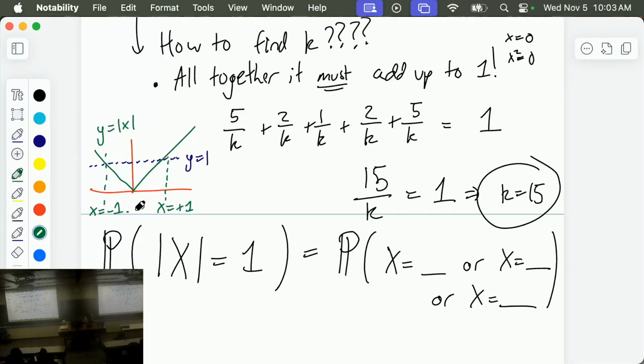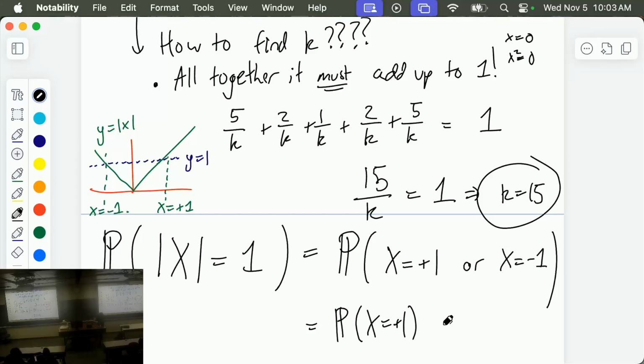Okay, so based on my picture, there are only two possible values of x that will work to give an absolute value of 1: x equals plus 1 or x equals minus 1. Those are the two things that can happen. In this situation, you can add them together because it can't be both at the same time, so these are disjoint. We can use our plus rule.